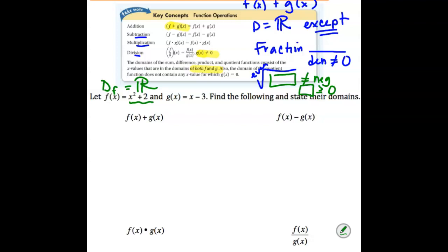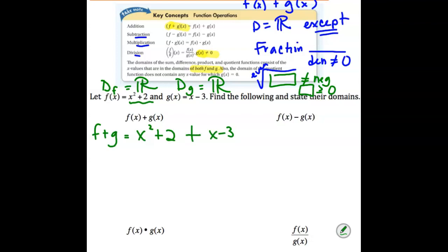Looking at g, we have x minus 3. Again, there's no fractions and no even roots. So my domain for g is going to also be all reals. So now it's asking me to add them together. So f plus g simply means take function f and add to it function g.